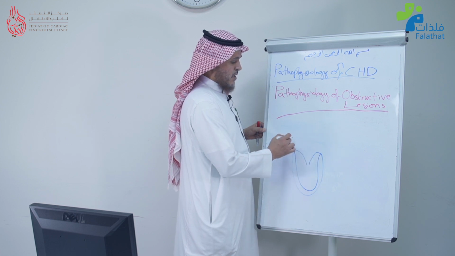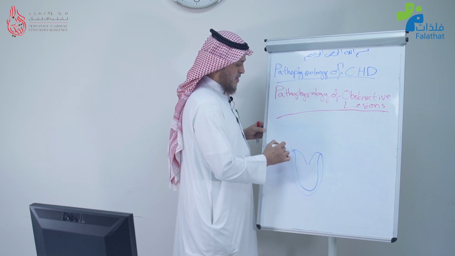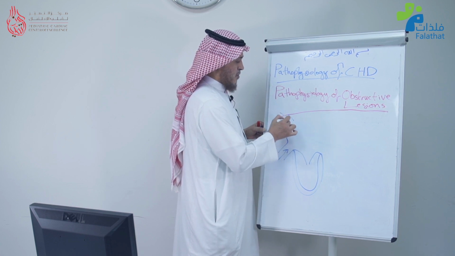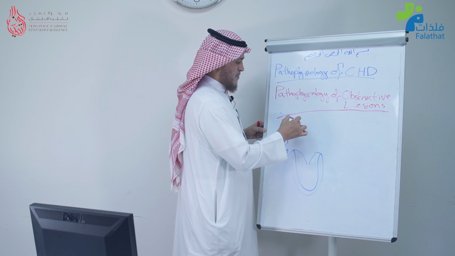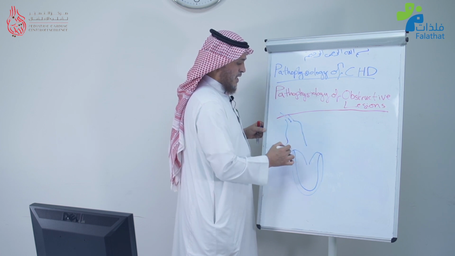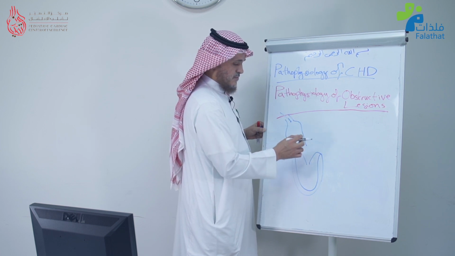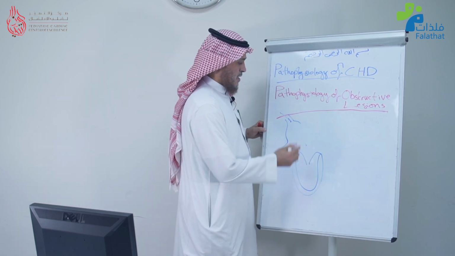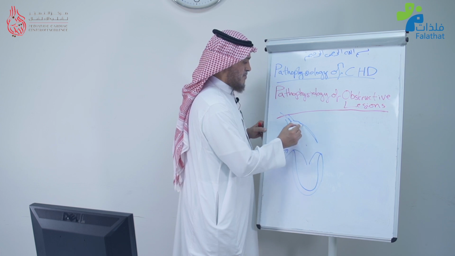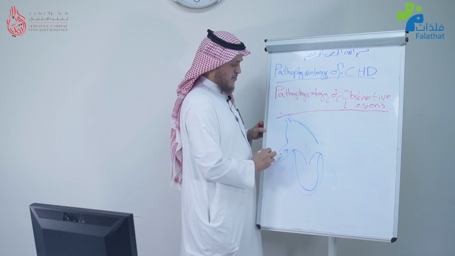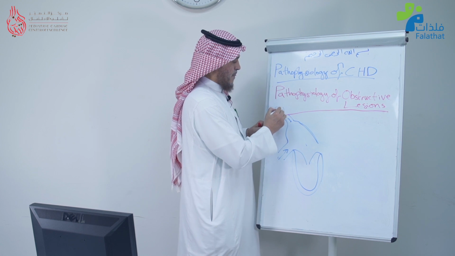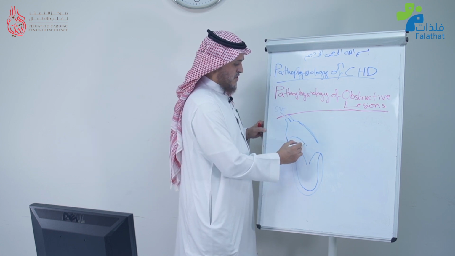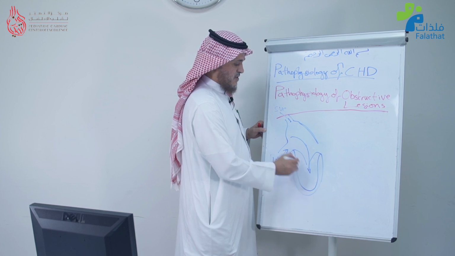either or, the flow from the IVC and the flow from the SVC, this is the atrial septum, needs to come from the IVC, SVC into the RA, and normally just goes to the RV cavity.